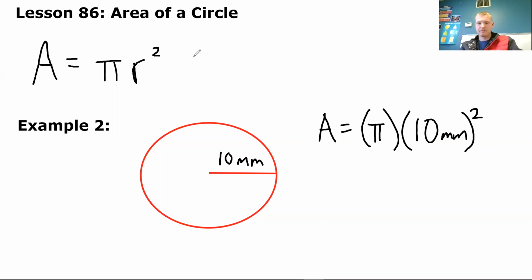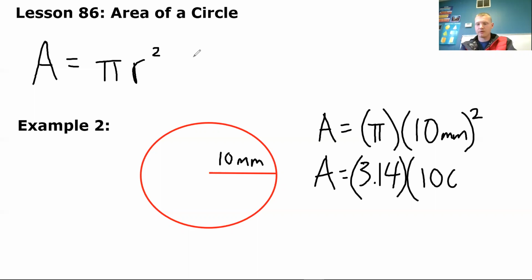When I multiply that out, I have 3.14 times 10 squared, which is going to be 100 millimeters squared, because I'm also squaring my millimeters, not just the number. You're squaring both your number and your units, millimeters squared. That's when we're starting to get into volume now.